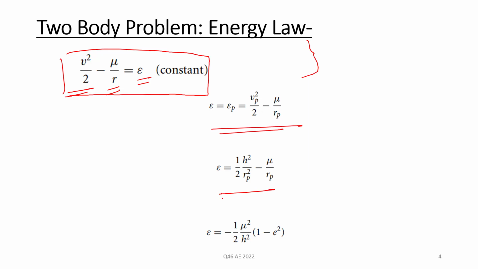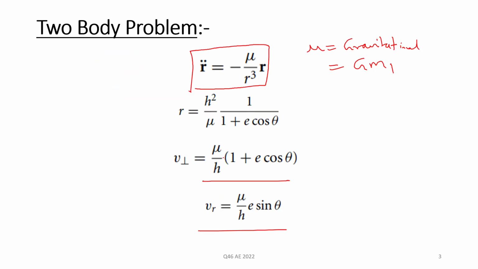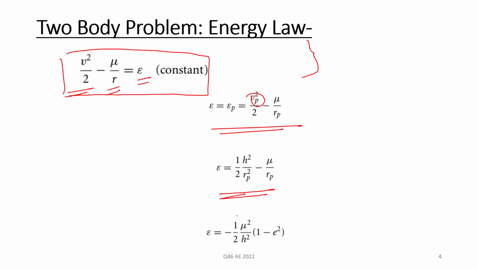Vp will be nothing but the tangential velocity only, so it will be the velocity at theta equal to 0. So ultimately we will get minus 1 by 2, mu square upon h square, 1 minus e square.